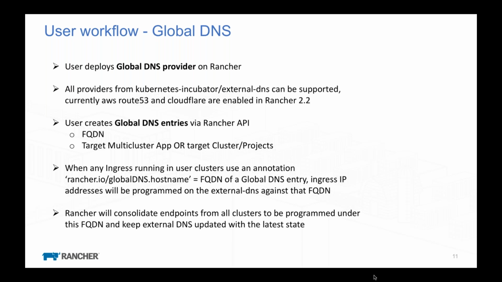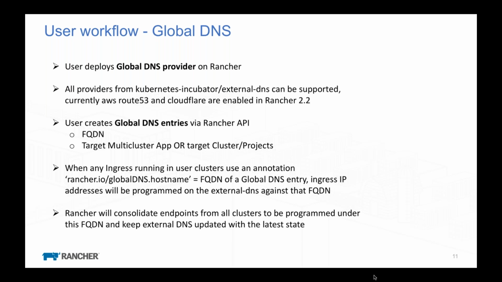So when any ingress running in user clusters uses an annotation, and the annotation's value is the FQDN of the user's choice, which is specified already in the global DNS entry, then those ingress IP addresses will be picked up by Rancher and programmed onto the external DNS against that FQDN.